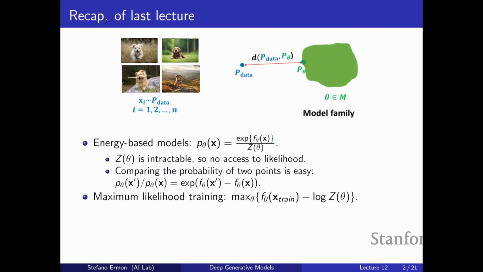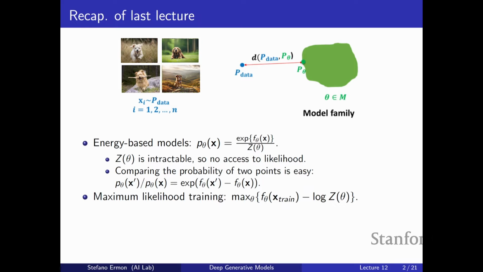But then you have to worry about how changing theta affects the normalization constant. So by how much are you changing the probabilities of everything else that could have happened? And so you need to figure out how to change theta so that this increases, while the partition function, the log normalization constant, ideally also goes down, so that the relative weight of this training data point goes up as much as possible. And again, doing this is hard because we don't know how to evaluate the normalization constant exactly.